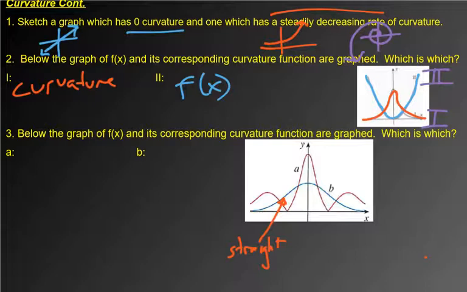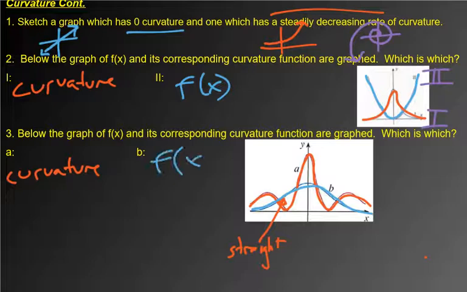And then as you go over here, it's kind of flatlining, which is why the curvature graph is decreasing again. But basically, this red graph is the curvature, and this blue graph is the function.